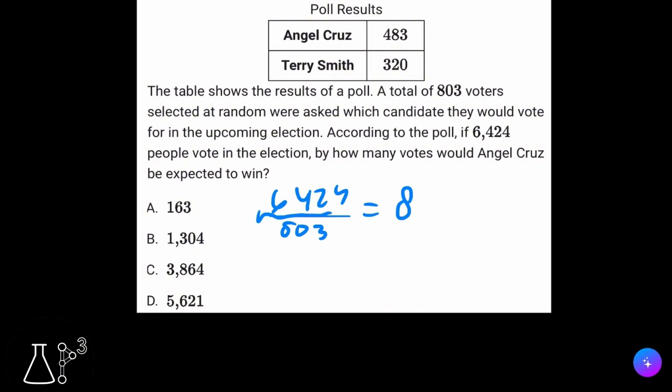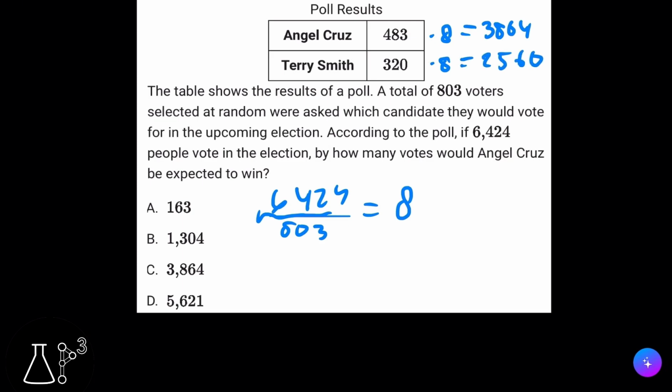So what I can do is multiply the votes for Andrew Cruz and Terry Smith by 8 to figure out how many votes Andrew Cruz will be expected to win by among the total people who voted in the election. So multiply both by 8. 483 times 8 gives 3,864, and 320 times 8 gives 2,560.